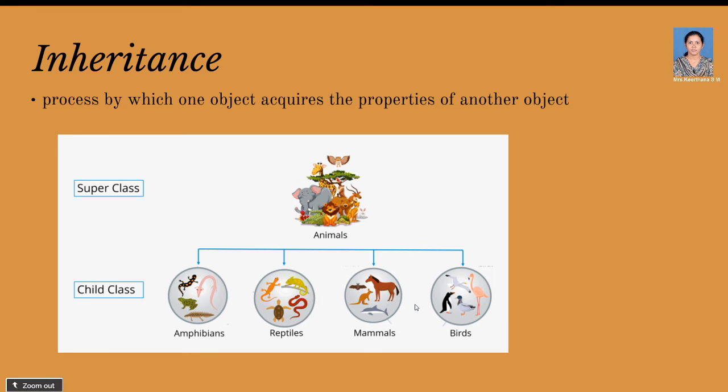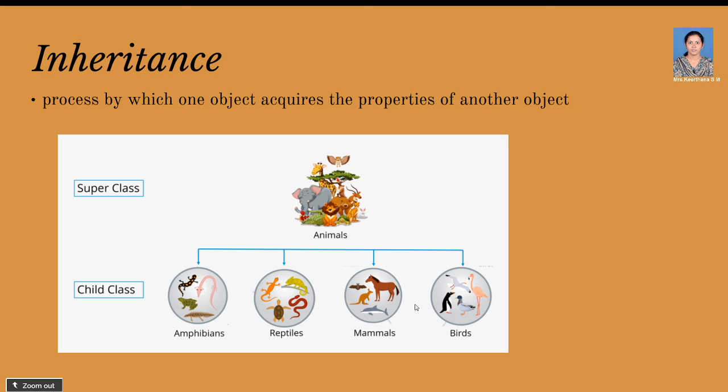And the next one is inheritance. For example, consider the picture given. The superclass, that is the topmost class, we consider is animal, and inside animals we have categories, that is reptiles, birds, mammals, everything. The basic features, behavior and properties of all the animals are the same, but their nature will be different.